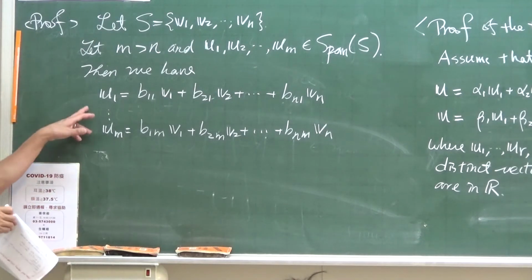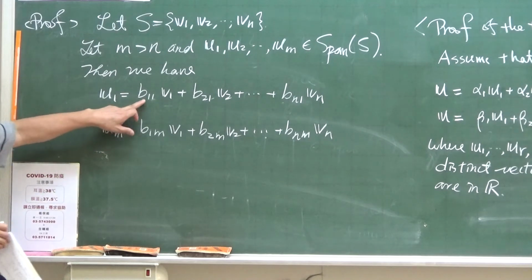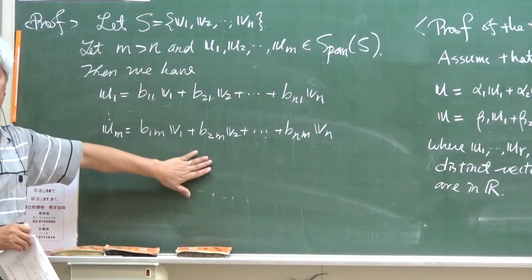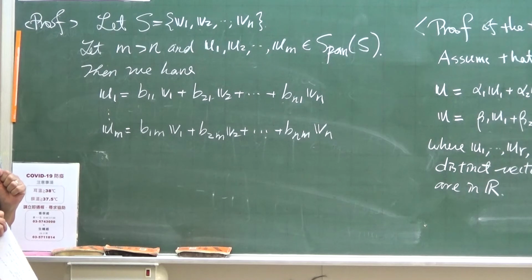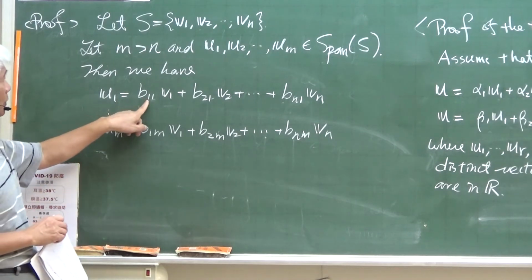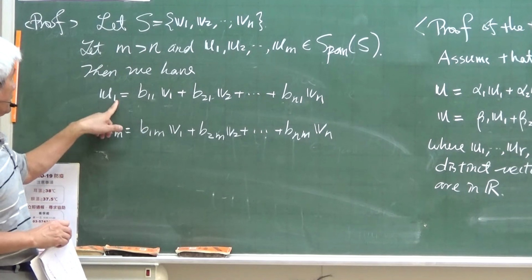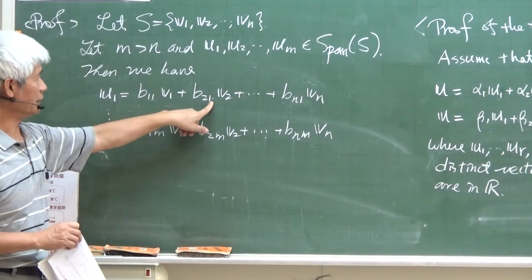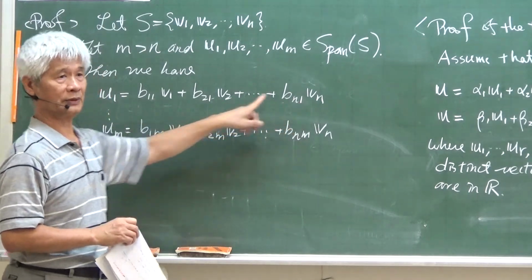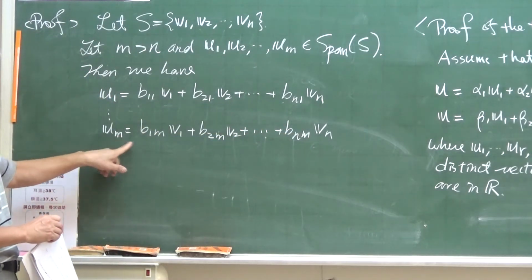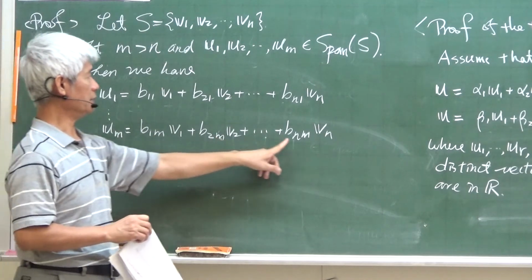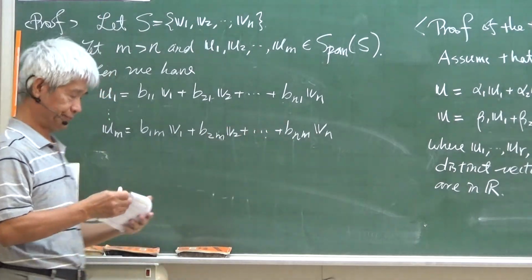It's for my data purpose, so I index the coefficient this way. So for u1, I have b11, b21, up to bn1. And for um, I have b1m, b2m, up to bnm.